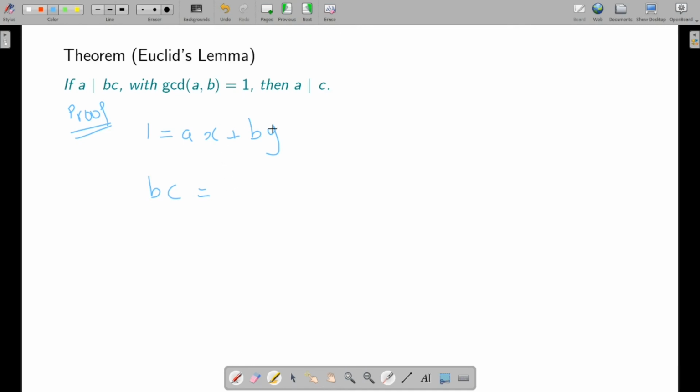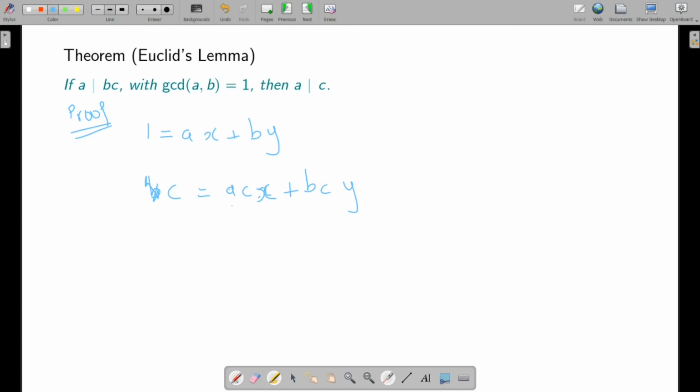Sorry, I don't multiply throughout by BC, I multiply throughout by C. So multiplying throughout by C, I will get C is equal to ACX plus BCY.